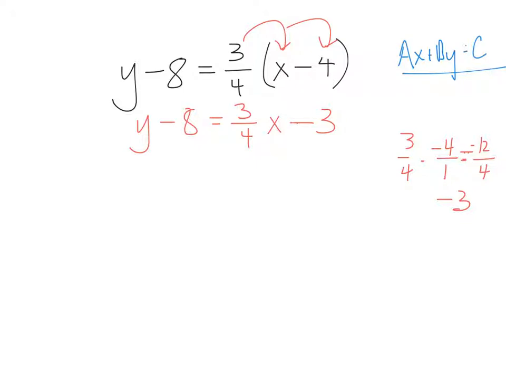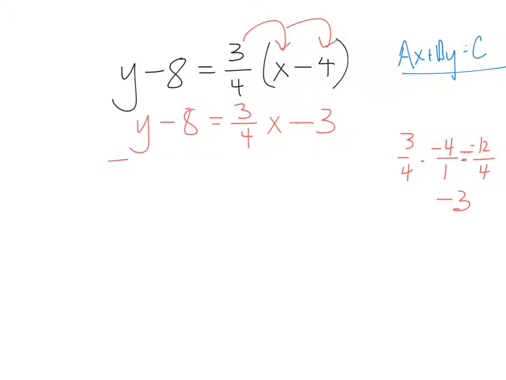Okay, so now that I've got that complete, I want to get x and y to the same side. And I notice that already the x value is positive, so I don't want to move that, because I want my first term, a, to be positive. So I'm going to go ahead and move this y, which means if I move the y, I've got to move the negative 3 as well.